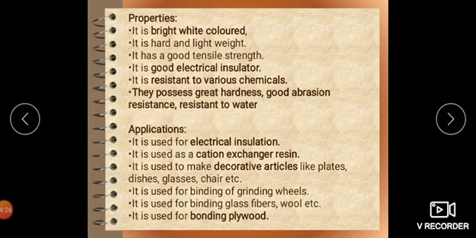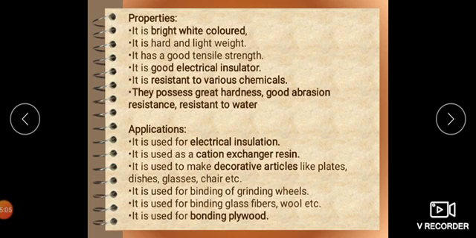They possess good electrical insulating character. They are resistant to various chemicals. They have great hardness, great light stability and good abrasion resistance. They are also resistant to water, heat and flame. These are some properties of urea formaldehyde resin.